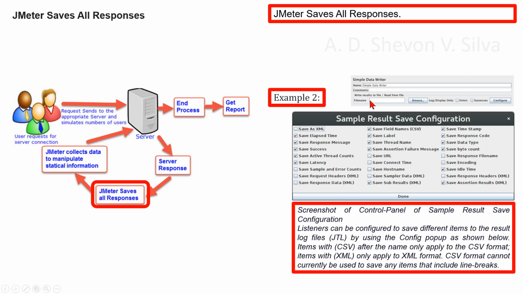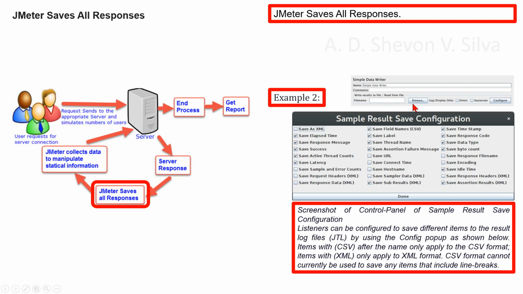JMeter also supports paths relative to the directory containing the current test plan JMX file if the path name begins with "~/" or whatever is in the jmeter.save.saveservice.base_prefix JMeter property, then the path is assumed to be relative to the JMX file location.